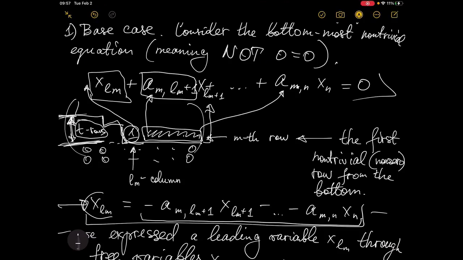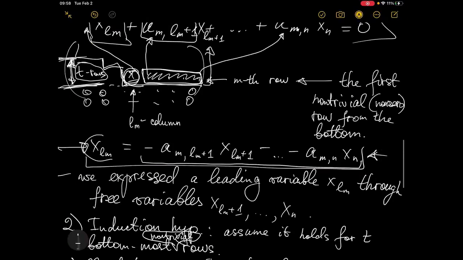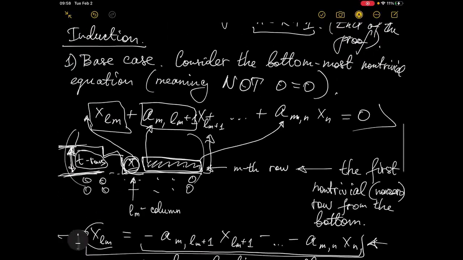Let me remind you that leading variables are variables corresponding to leading ones. Here in the bottommost row, I can have only one leading one, I cannot have two, obviously. Correspondingly, all other variables to the right will be free variables. So this is exactly what I've done here. I expressed my leading variable through free variables. Now, I said that let us suppose that I can do this for the first t rows.